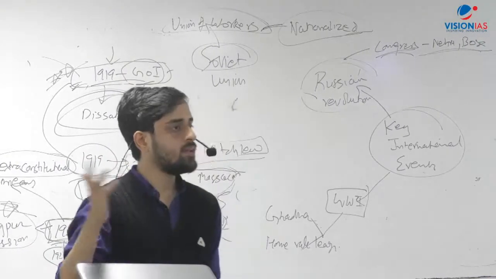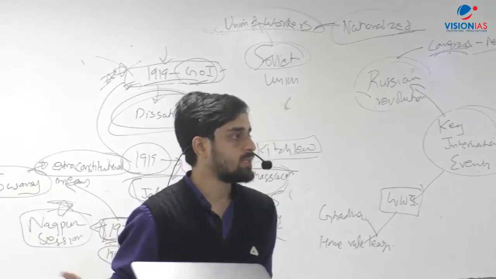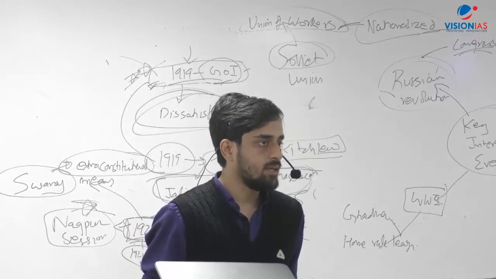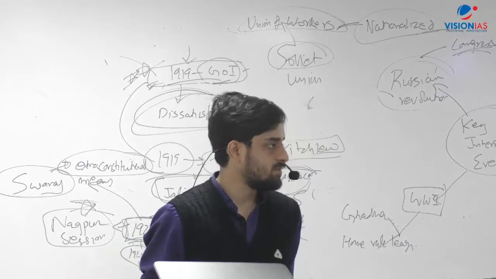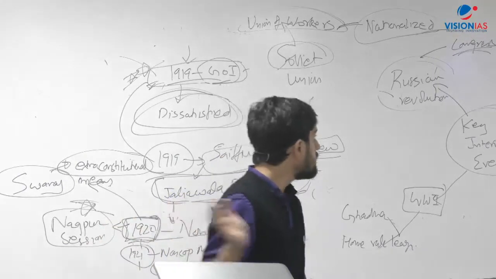And that is why in the post-independence era, we chose a state-led model of industrialization and state ownership of key heavy industries. Okay, so that was one of the things.